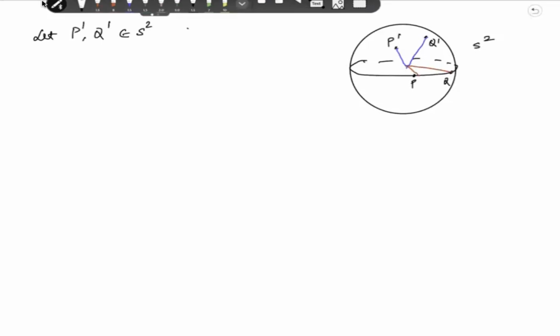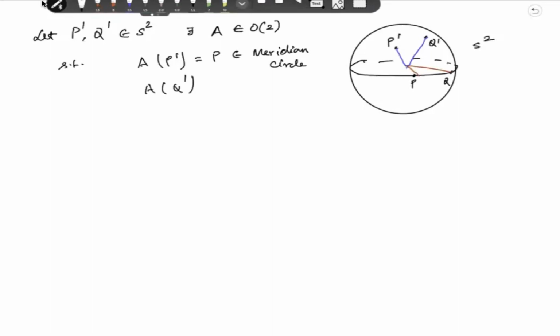So there exists an orthogonal matrix A belonging to O(3) such that A of P prime is equal to P, and P lies on the meridian circle, and A of Q prime is equal to Q, which also lies on the meridian circle.